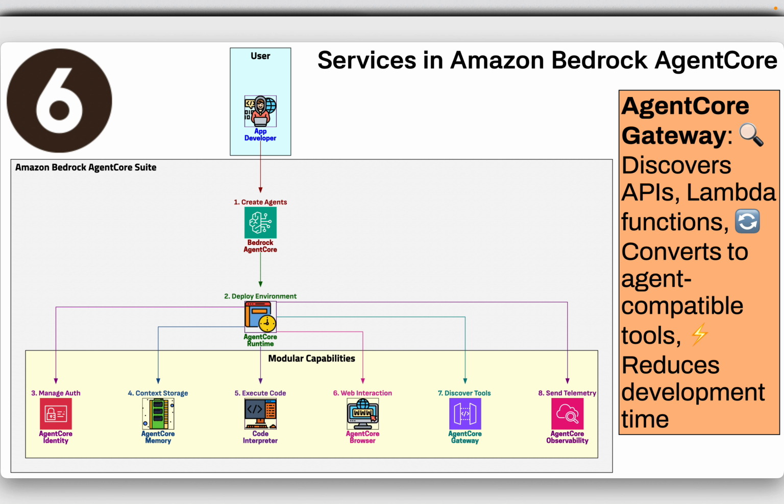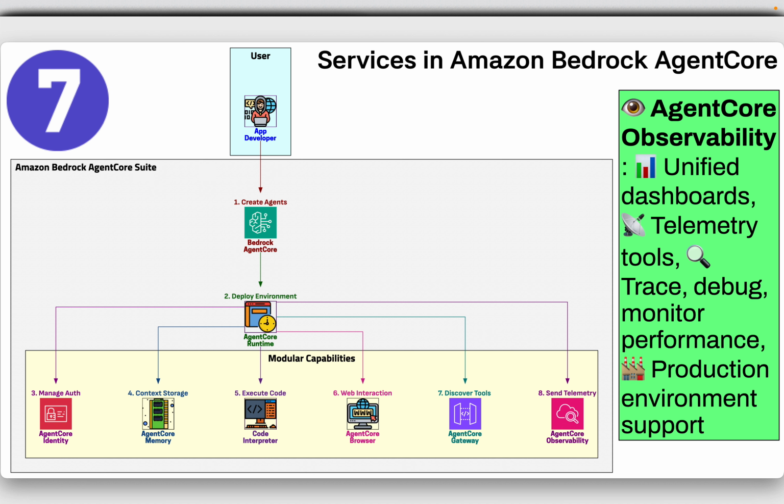Sixth service is AgentCore Gateway, and this facilitates the discovery and conversion of APIs, Lambda functions, and services into agent-compatible tools, significantly reducing development time.